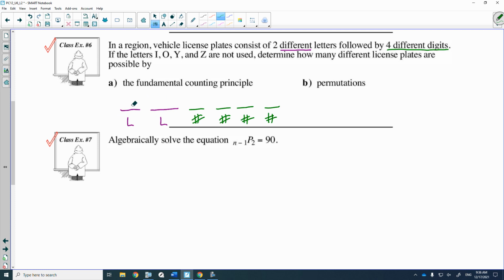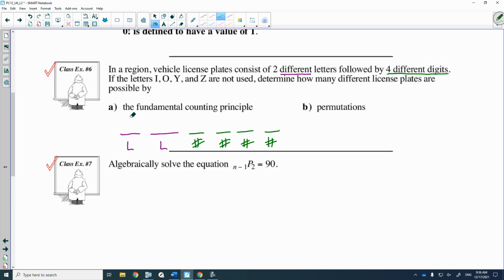So I set up my number of stages. Let's place in our letters. So remember that the alphabet has 26 letters, but I have to subtract these 4. So these 4 letters cannot be used. So that's going to leave me with 22 available letters to use. So in this first stage here, I've got 22 letters to choose from. Once I've placed a letter, I then have 21 letters left because it says 2 different letters, followed by 4 different digits.